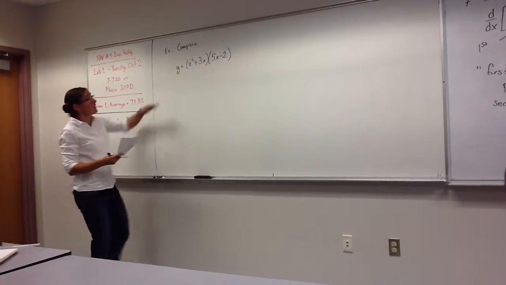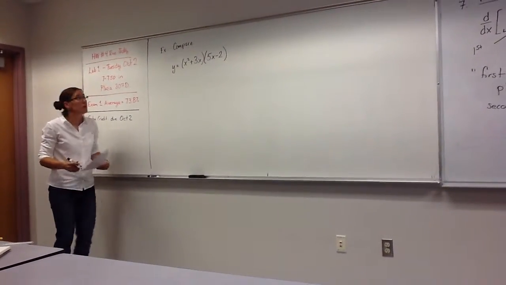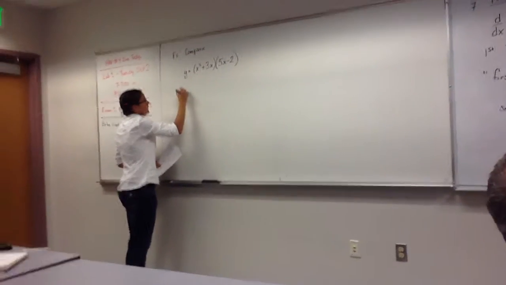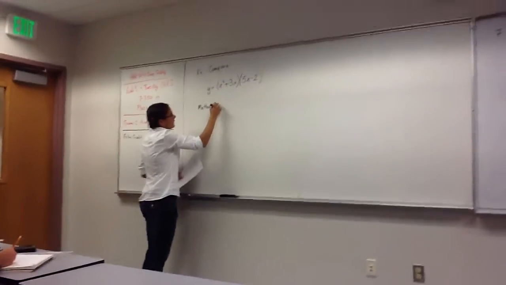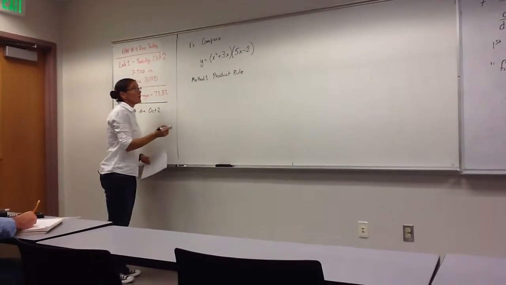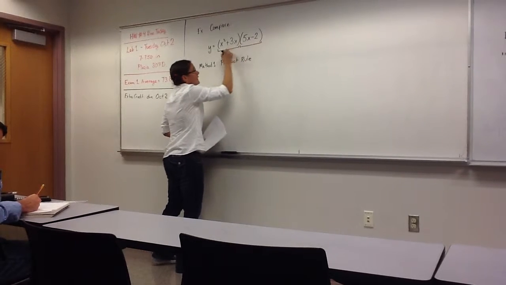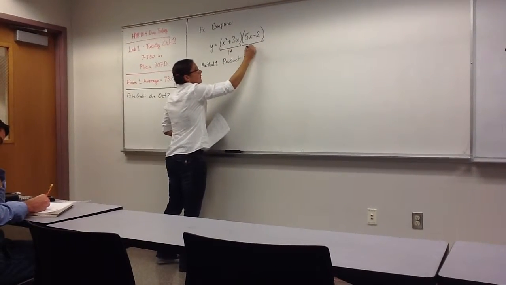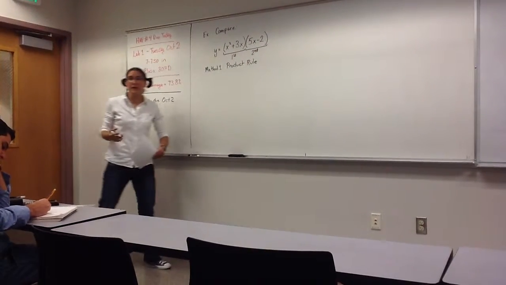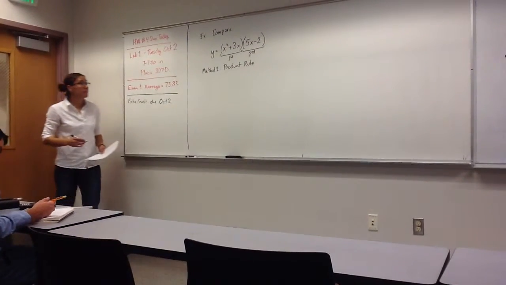And we're going to calculate the derivative of this function in two different ways. Method 1 is that we're going to use the product rule. So what that tells me is that I'm going to identify my first function and my second function. And they're multiplied together, so because I have a product of two functions, I'm going to use the product rule.